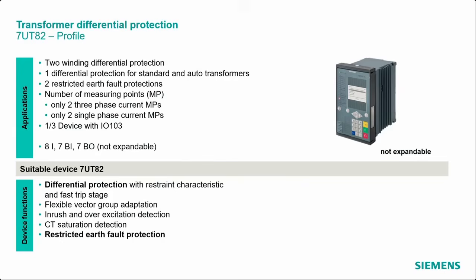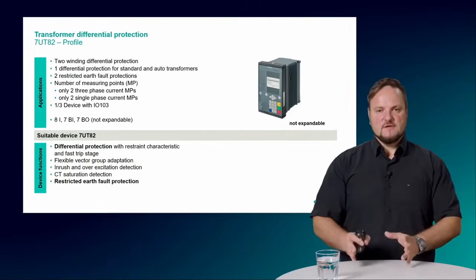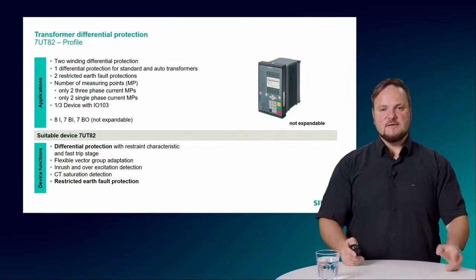That means we support 1 differential protection for standard and auto transformers. The device supports 2 3-phase current measuring points and 2 single-phase measuring points. Voltage is not available in that device.